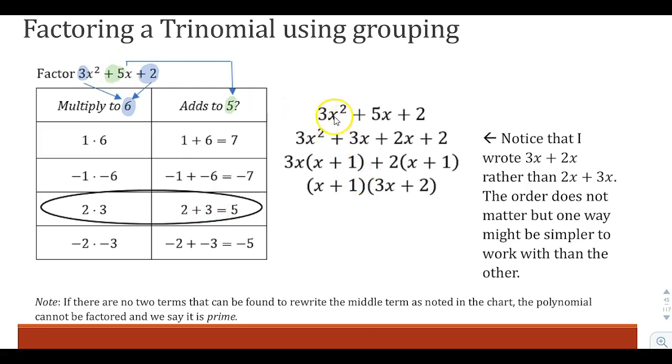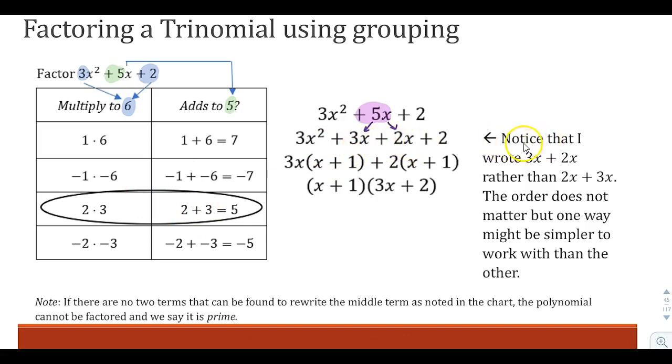So here we have the original trinomial, and the middle term was 5x. But we're going to rewrite the middle term as a sum of 2 terms with the coefficients of 2 and 3. So 5x split into 3x and 2x, both positive, because positive 2 and positive 3.